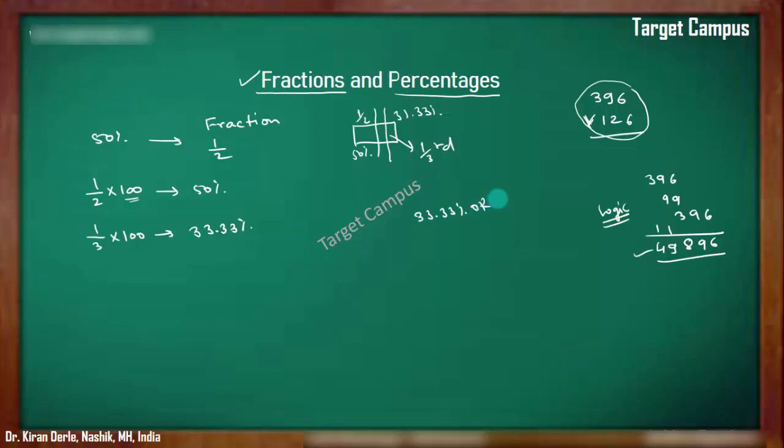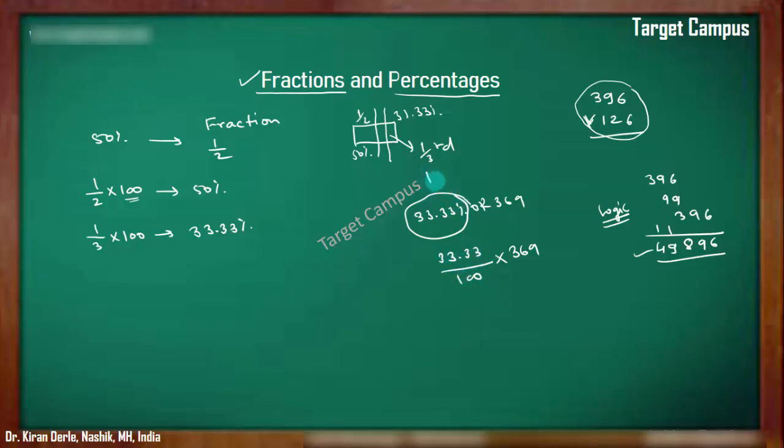what is 33.33% of 369? The traditional way of doing this question is 33.33 upon 100 into 369. If you solve it this way, it is one way of wasting our life. So what can we do here?